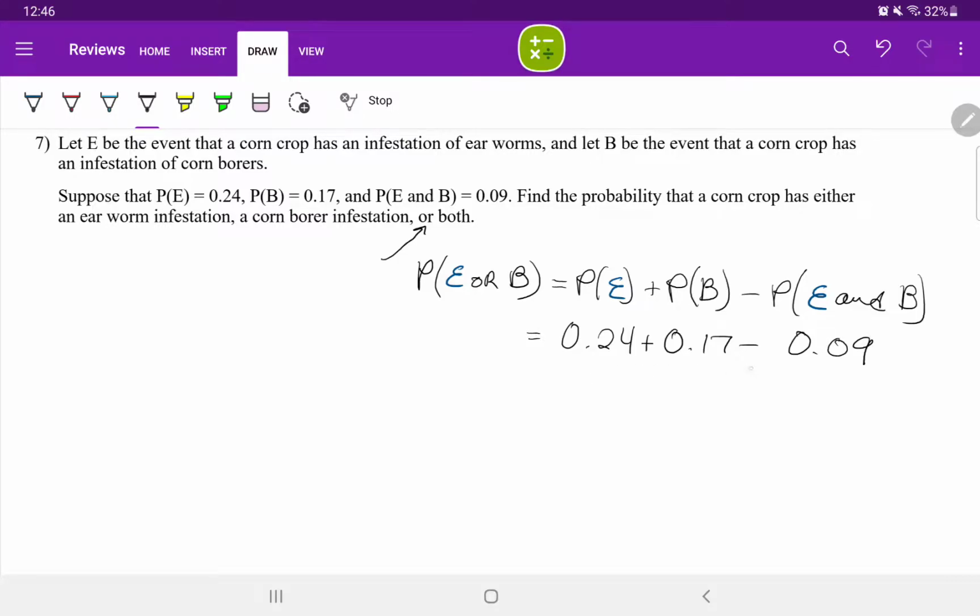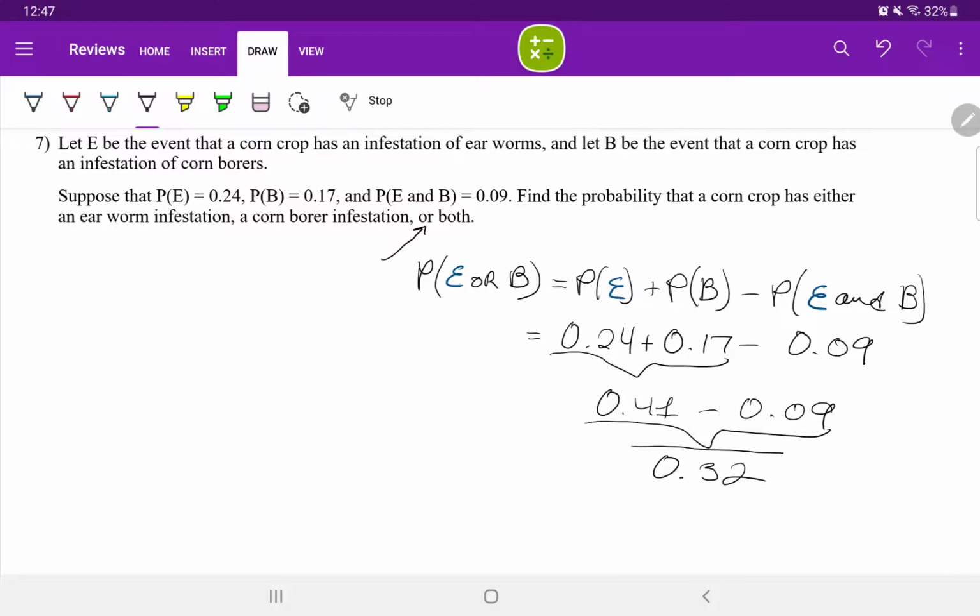When I add and then subtract, 0.24 plus 0.17, that's 0.41. Minus 0.09, that is 0.32. And you can do this all at once in your calculator. Just make sure the order in which you do it is satisfactory.